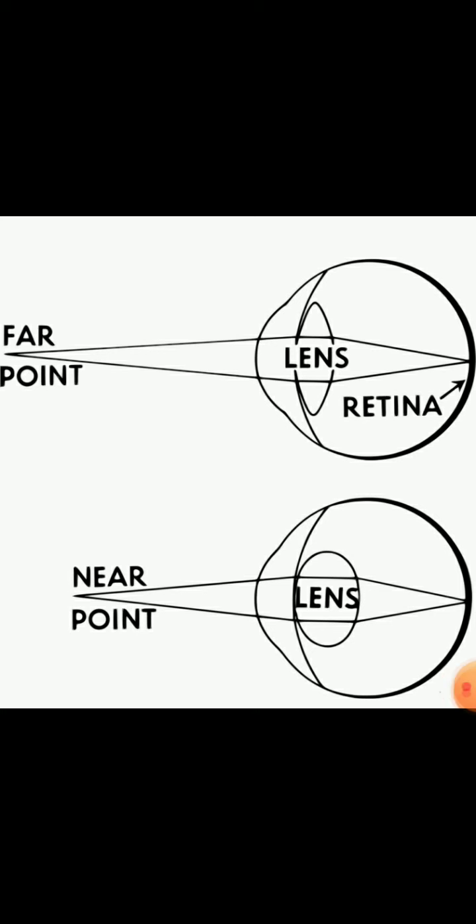So when the ciliary muscles are contracted, their size will decrease, and because of that, the eye lens becomes thicker, because from both sides, ciliary muscles are contracting. As a result, the eye lens will become thicker and focal length decreases. And this enables us to see the objects clearly.